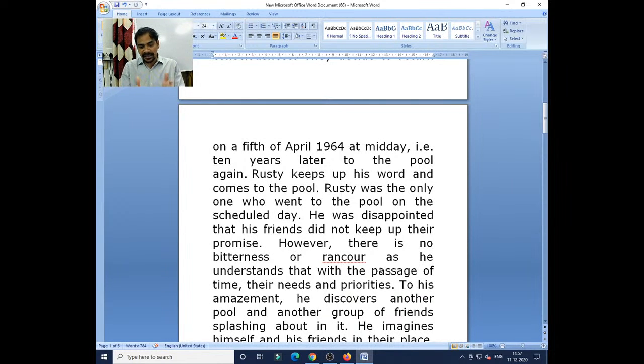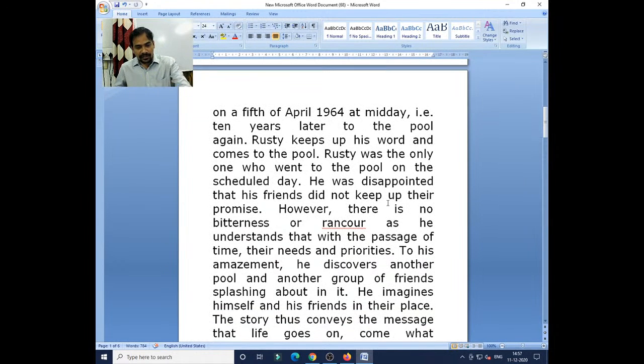So as soon as they start growing up, the friend circles, all the friends, got departed from each other. Now Rusty was the only person who comes to the pool.